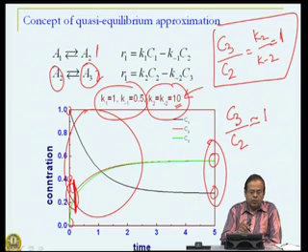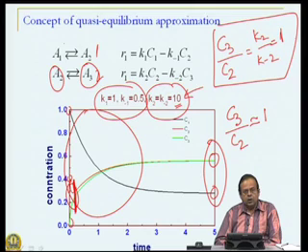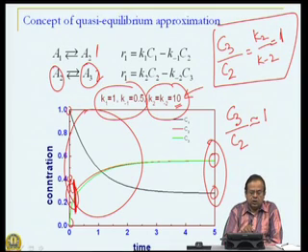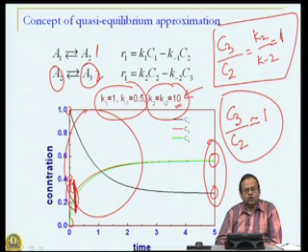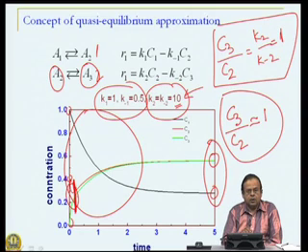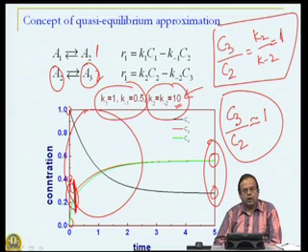So, when we have a scenario like this, we can invoke what we call a quasi equilibrium approximation, saying that the faster reaction, namely reaction 2, reaches equilibrium in a very short span of time, and therefore, we can assume that this reaction has reached equilibrium, and we invoke the quasi equilibrium approximation.